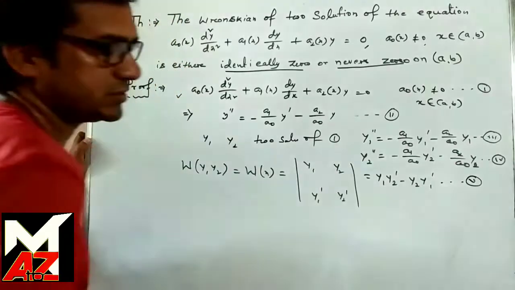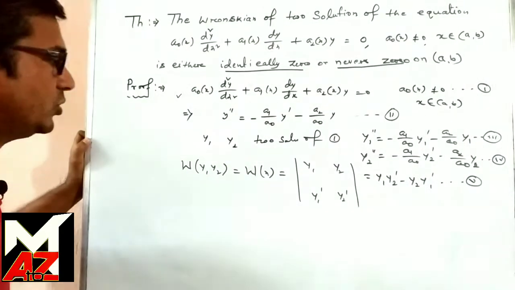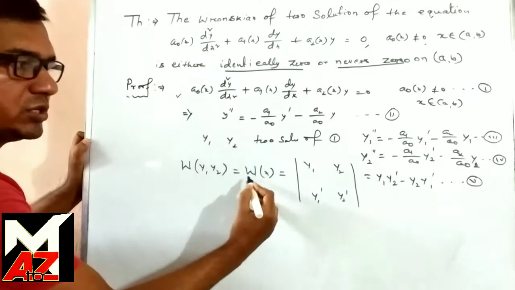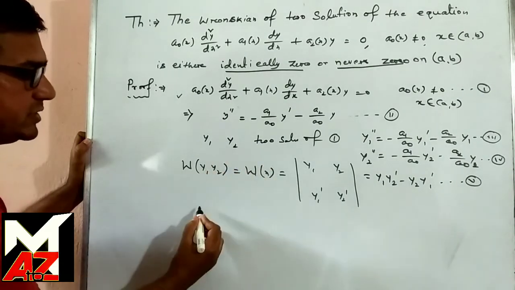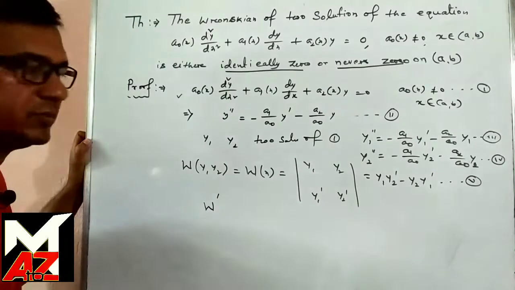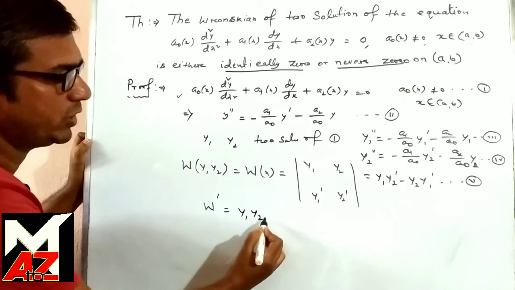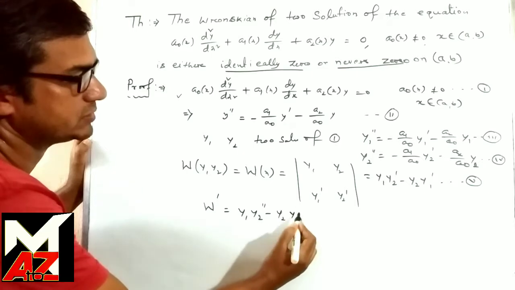This is named as 5. Now we differentiate the Wronskian W with respect to x, and from 5 we get W dash, which is obviously equal to y1 y2 double dash minus y2 y1 double dash.